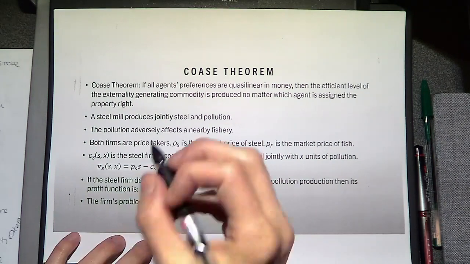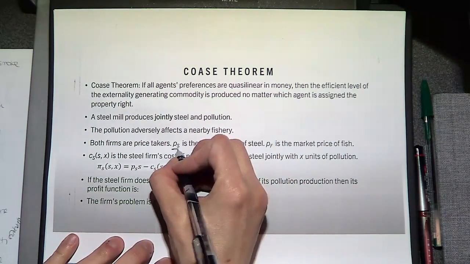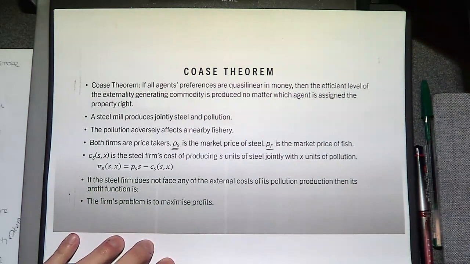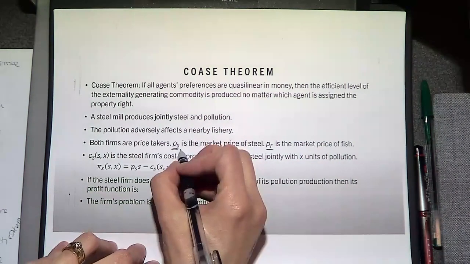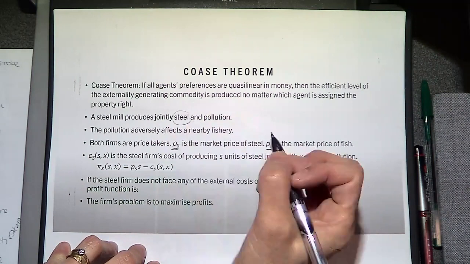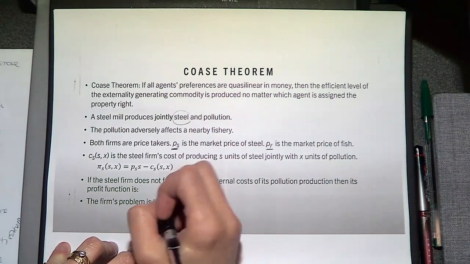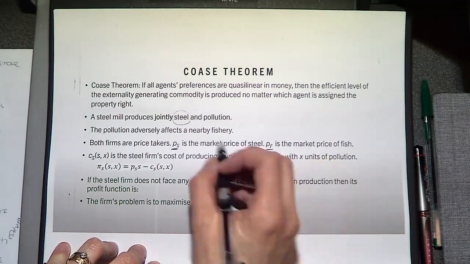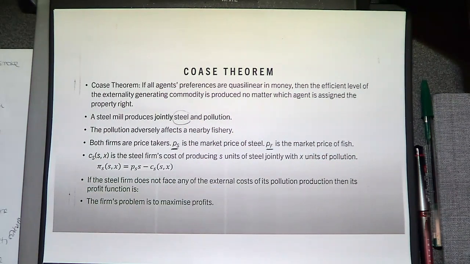So we have here two firms, S and F, right? For the first firm, which is steel, this is the price. And for the second firm, which is the fishery, that's the price. So now it will be a double problem, okay, to arrive at a potential solution.